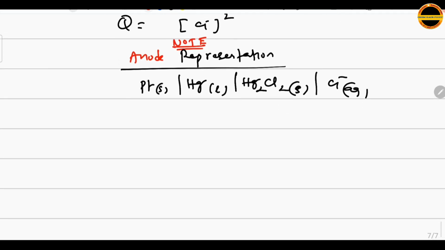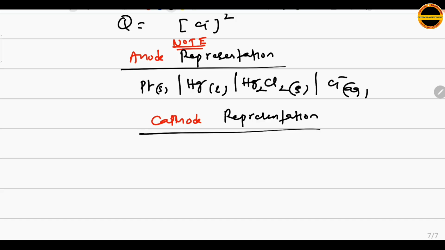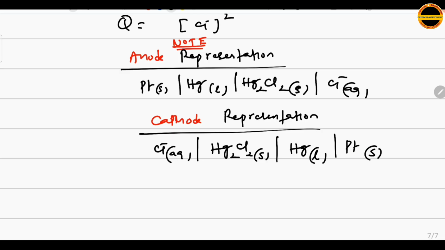Similarly, the cathode representation: Cl minus aqueous, then Hg2Cl2 in solid form, then Hg liquid, and last platinum solid. What is the charge of Hg2Cl2? Overall it is +2. Here 0 to +2 is oxidation, anode. +2 becoming 0 is reduction, cathode. We specified the anode and cathode representations.